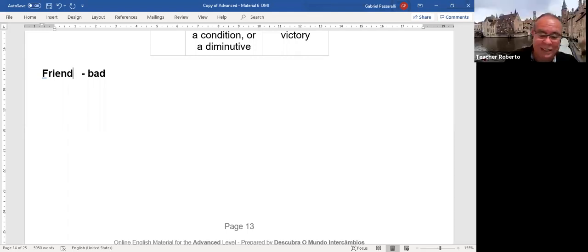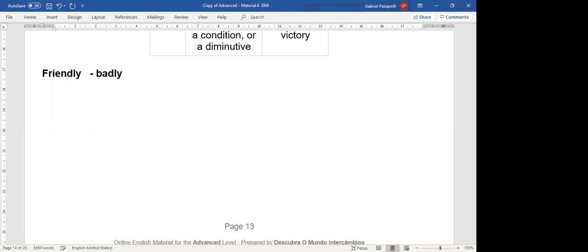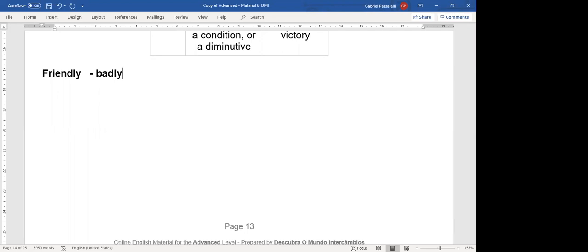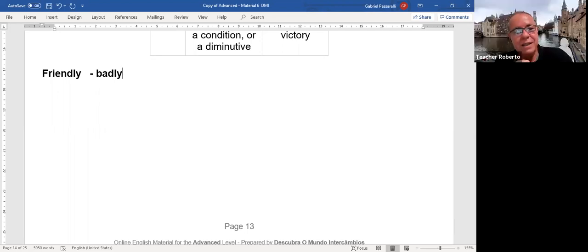So it doesn't work. No adverb is formed from a noun. Adverbs are formed from adjectives. So if you remember this, you know that friendly is not an adverb. Friendly is an adjective. Understand? Like elderly, okay? Elderly is the same case.